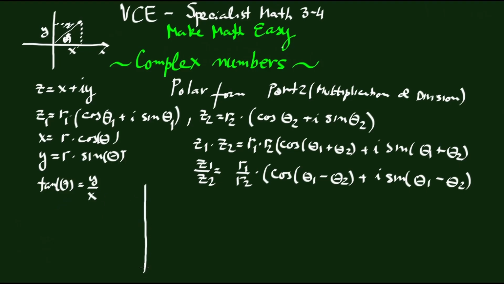So if here we draw first z1 complex number, and this is theta 1, and your second complex number, we'll make it a bit smaller, that's your z2, the angle here is theta 2, and then your product would have the angle first plus the second, which will come like something here.